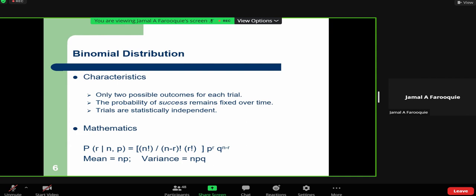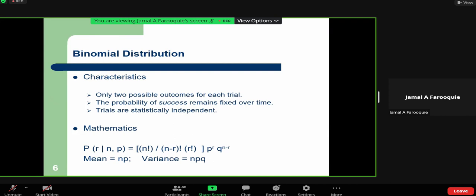The mathematical part of binomial distribution you can see here, and we read it like this: probability of r number of successes, means number of successes we denote by small r. Somewhere it may be small x. Vertical slash means given that small n is known, small p is known. What is small n? Small n is the number of trials.